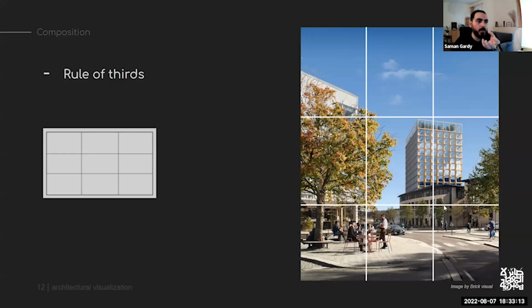So here, as you can see, I was about to point, but it's a screen, so it's better to show it with the mouse. The building, it's here. So the main point is here in this intersection. And then under this part, it shouldn't be exactly on the intersecting lines.